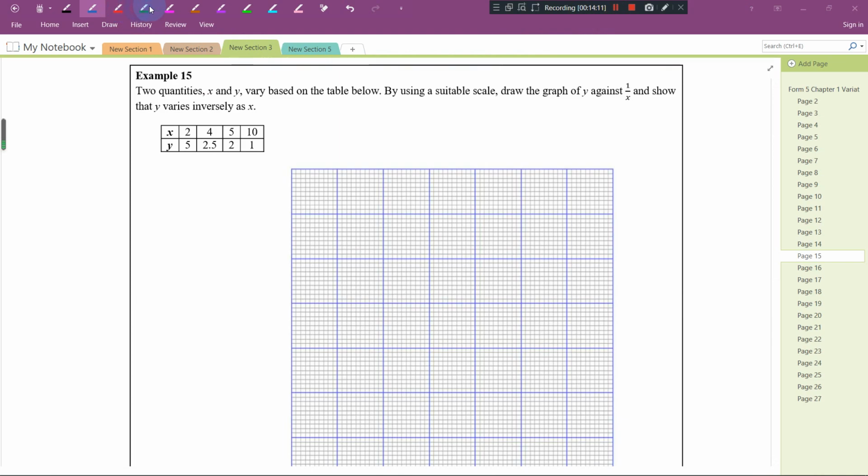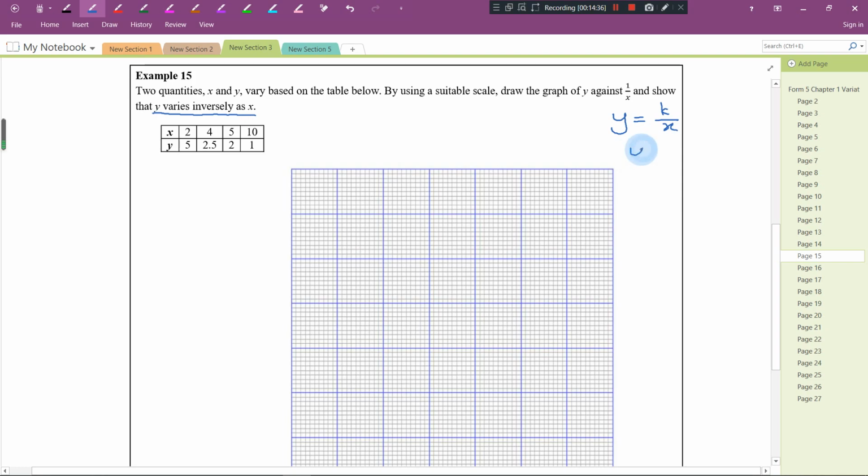Okay, let's look at another example. Two quantities x and y vary based on the table below. By using a suitable scale, draw the graph of y against 1 over x and show that y varies inversely as x. If y varies inversely as x, we know y is equal to k over x, right?